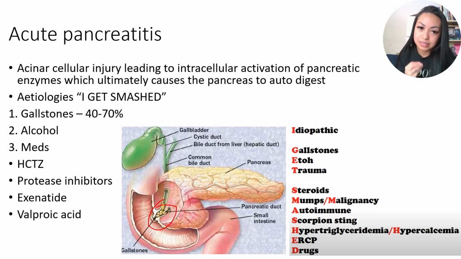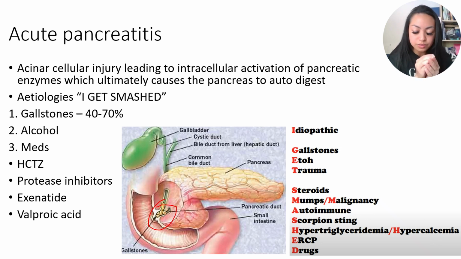Exenatide, a diabetic medication used for diabetes. Valproic acid, an anti-seizure medication. So these medications, hydrochlorothiazide, protease inhibitors, valproic acid, and exenatide, can cause acute pancreatitis. But the one you should never forget is gallstones.